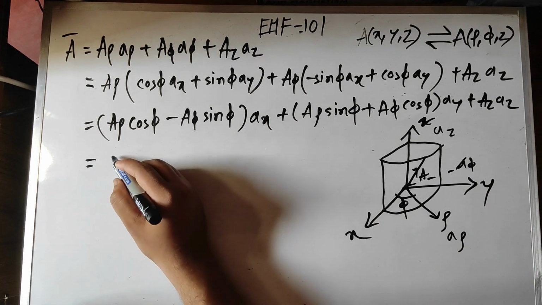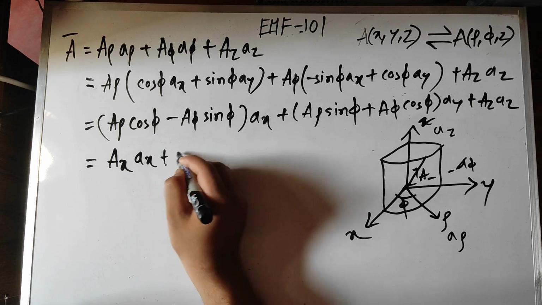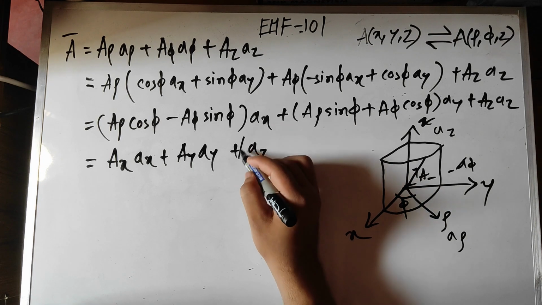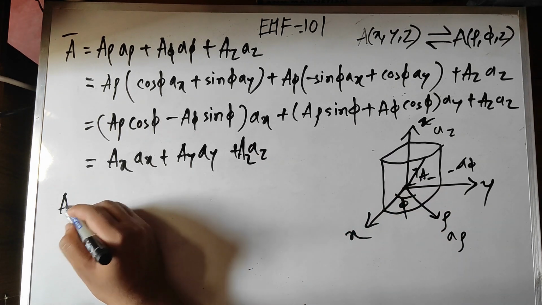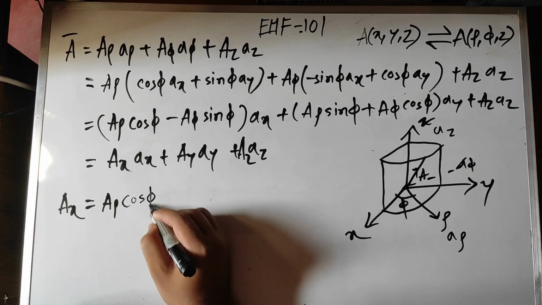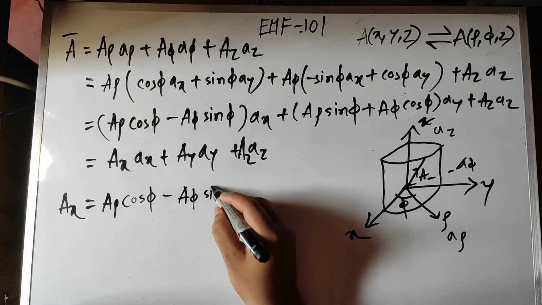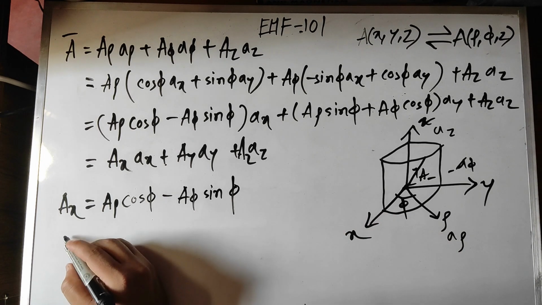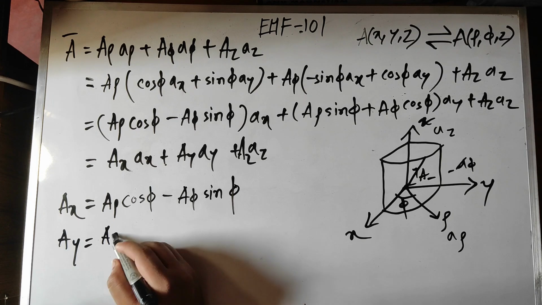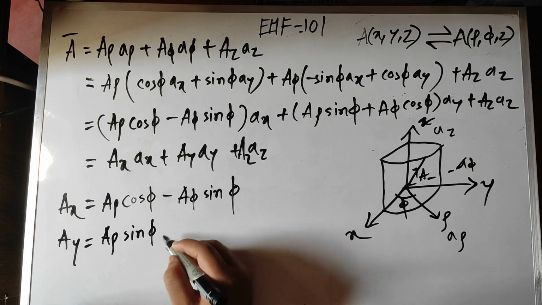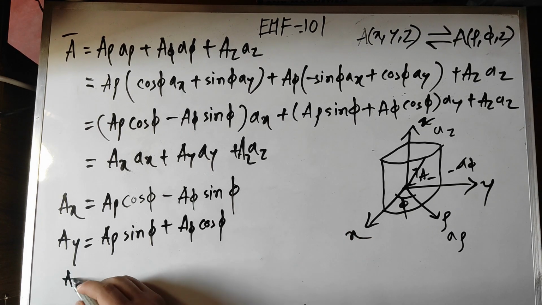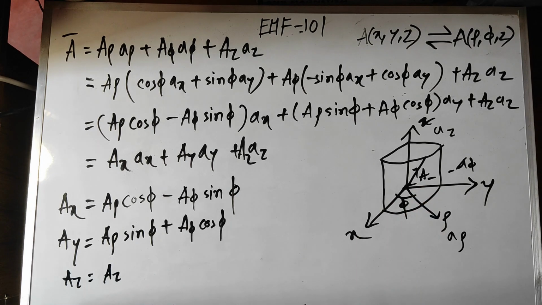Now here, Ax plus Ay plus Az, where Ax is Aρ cos φ minus Aφ sin φ, and Ay is Aρ sin φ plus Aφ cos φ, and Az is Az.